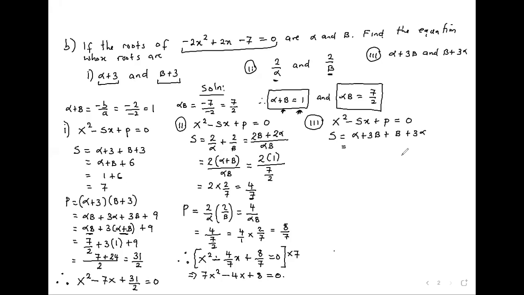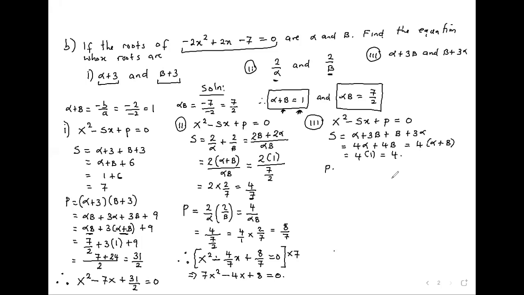So we add alpha plus 3 alpha for alpha, 3 beta plus beta for beta. Factor out 4, you have alpha plus beta, giving us 4. What is alpha plus beta? 1. So we get 4.